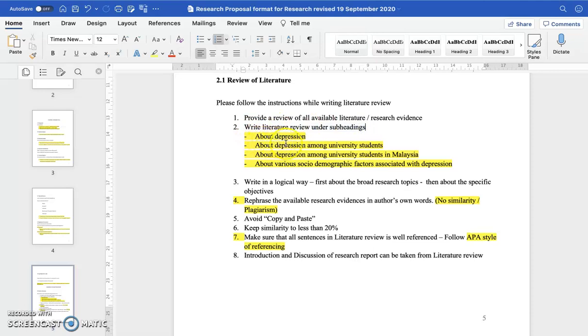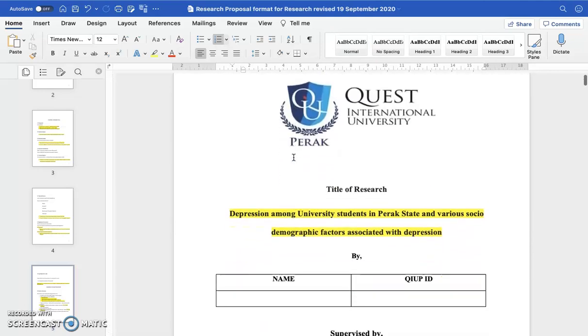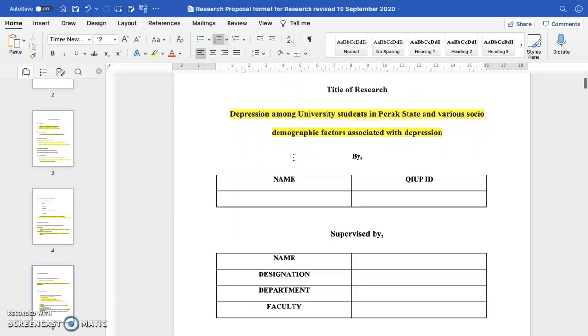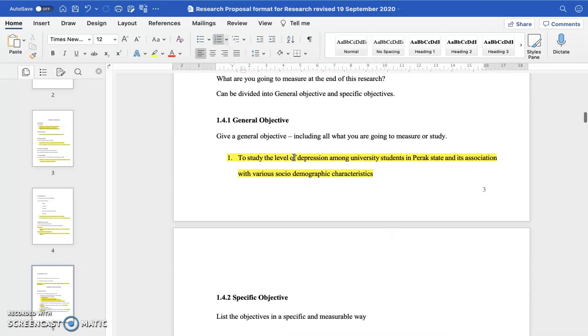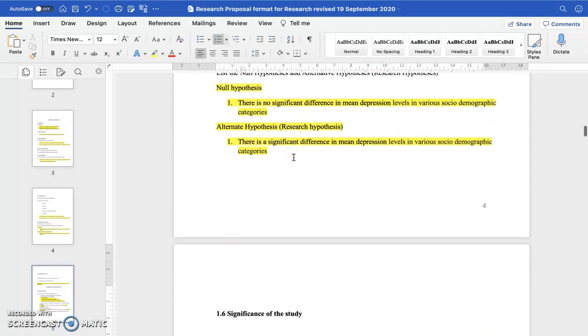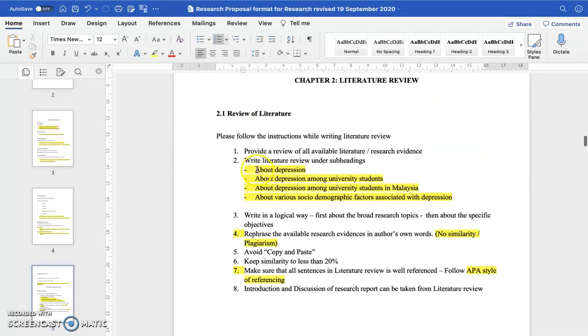What are the subheadings? Our research is on depression among university students in Perak State and various socio-demographic factors associated with the depression. So in the literature review, you have to give subheadings. What is depression?